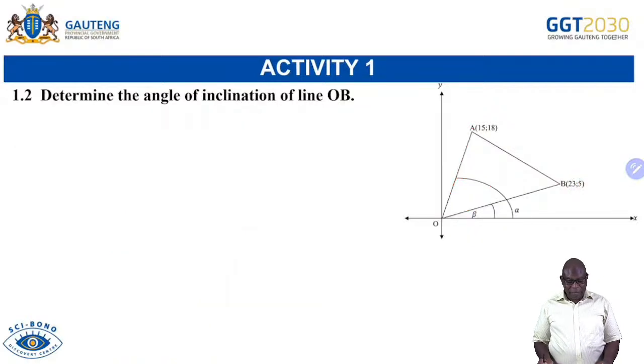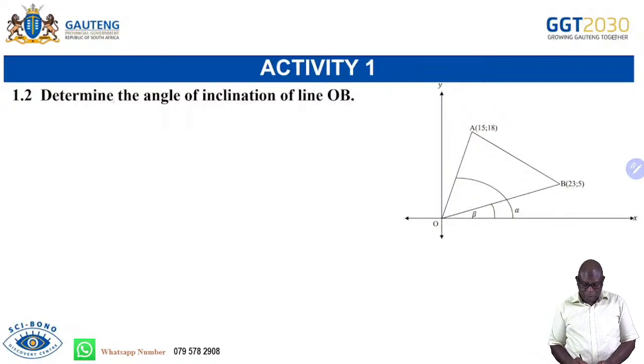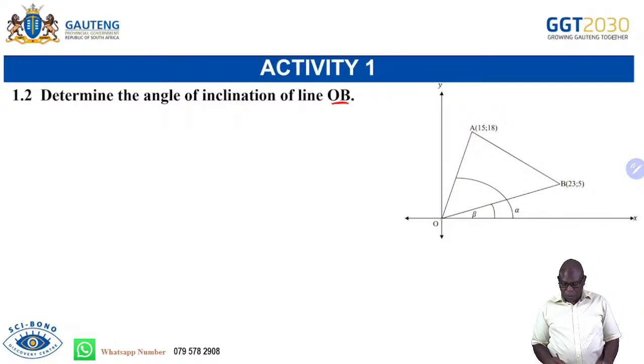The next activity: determine the angle of inclination. The angle that we need there is the angle beta of the line OB. If you look at OB and the x-axis, the angle that is formed there will be beta.